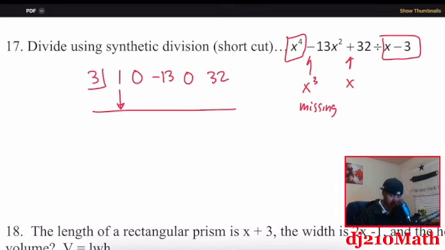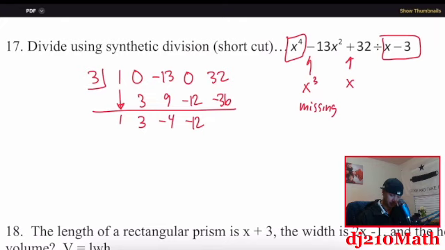So we bring down the 1. And start the process. 3 times 1 is 3. Plus 0 times 3. Plus negative 13. You add, you always add. So this is negative 4. Times 3 is negative 12. Times 3 is negative 36.